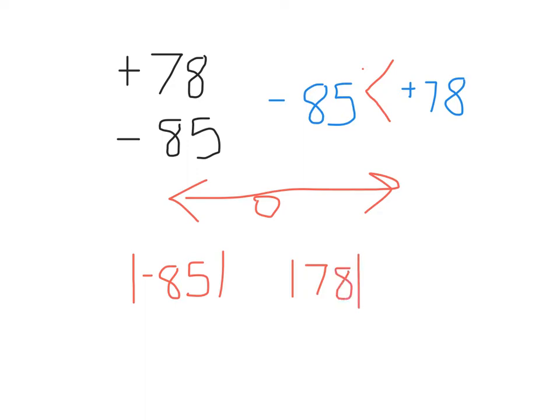So the absolute value of 85 or negative 85 would be just 85, and the absolute value of 78 is 78. So now I have these two numbers to compare, 85 and 78. 85 is greater than 78.